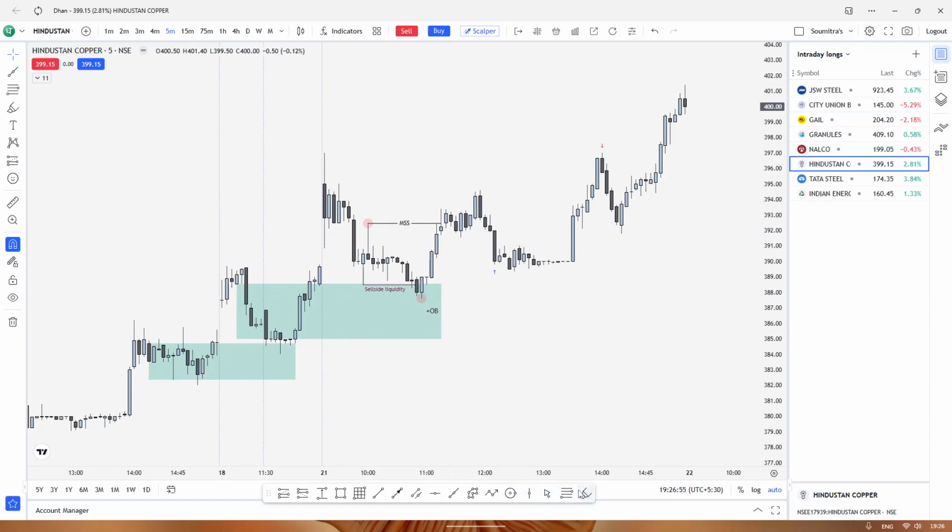Therefore from here to here, this is a dealing range. This is called a dealing range. So since this is a dealing range, we are supposed to take trade from the bottom portion, bottom 50% of the dealing range.